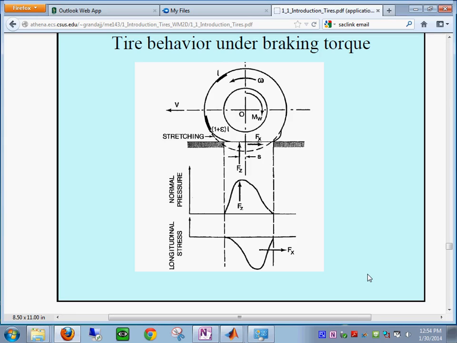So here, this would be a plot of the pressure, and this would be of the longitudinal stretch of the tire under that condition. This is a measure of how that stress is produced by this torque. You can see here how this will change. F of x will be the highest close to the edge.